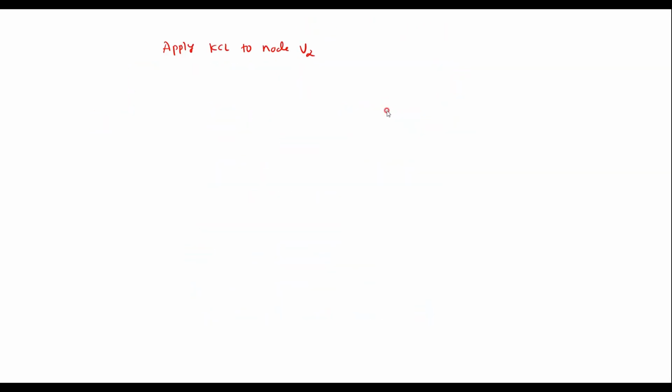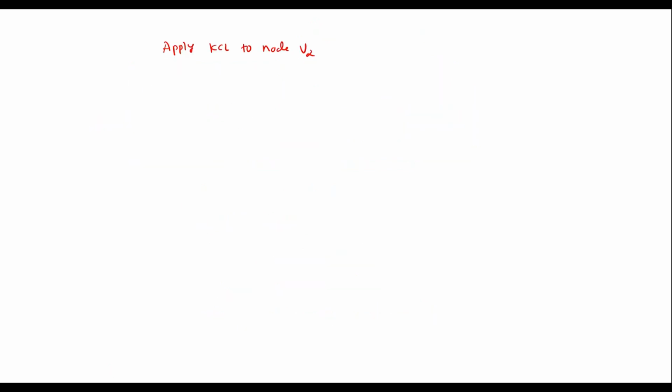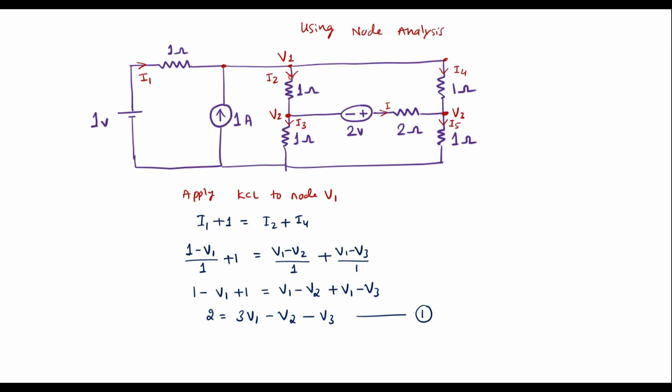So let me write I2 is equal to I plus I3, because I2 is incoming current, I3 is leaving and I is leaving. So let me express I2 in terms of voltage, that is V1 minus V2 divided by 1.